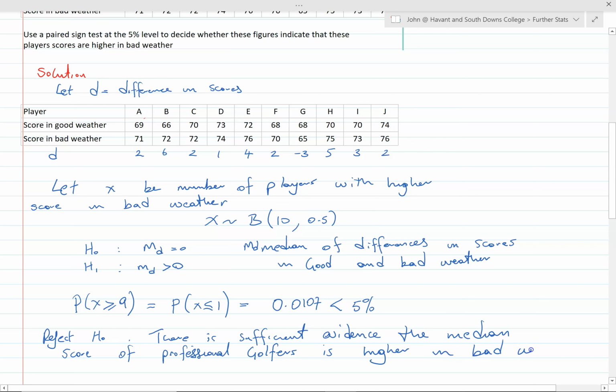Okay, so that's how the sign test works for paired data.